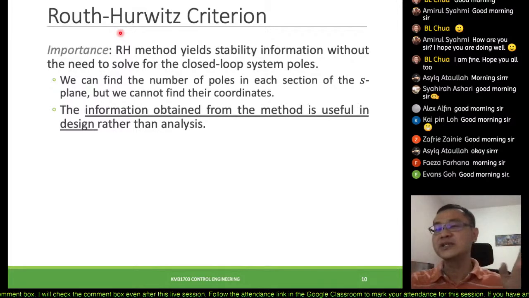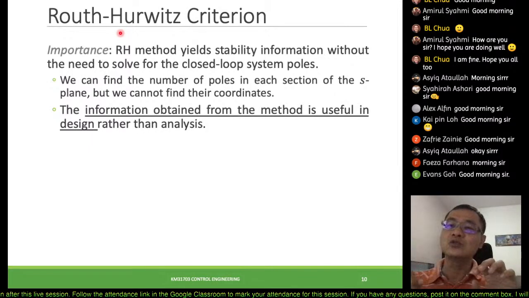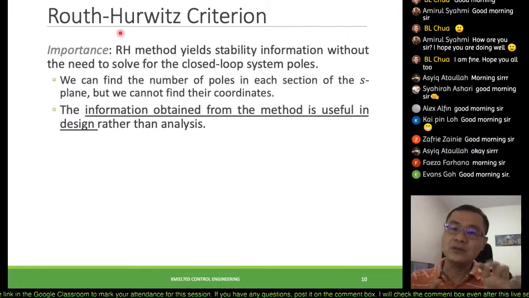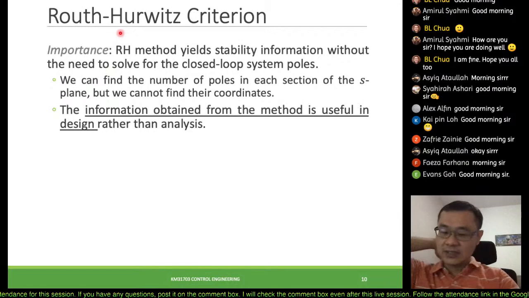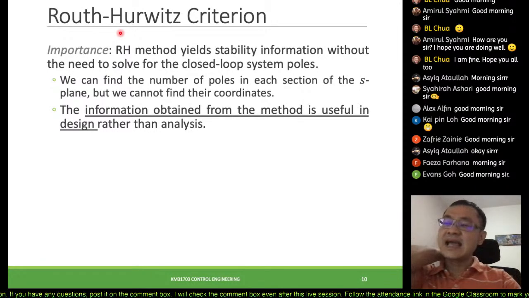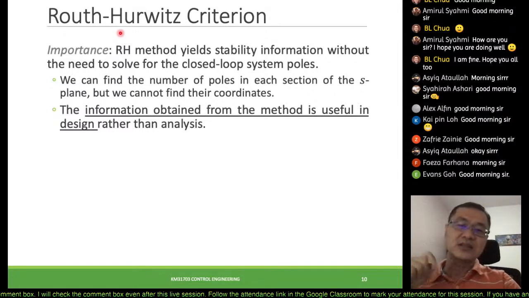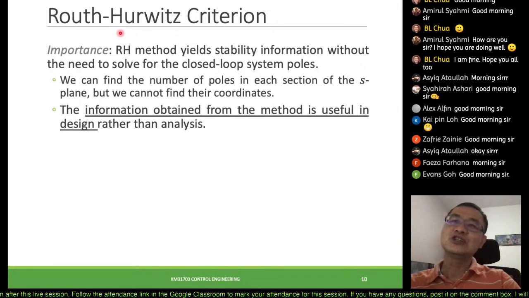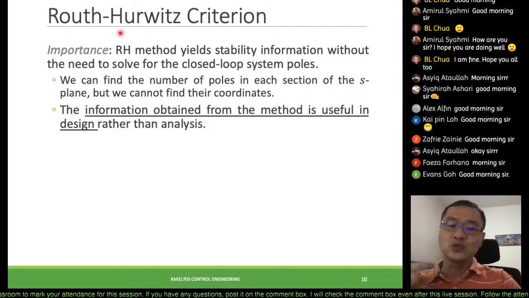These are the three main things we want to know, to identify whether the system is stable, marginally stable, or unstable, right? So we can use this information in the design. But if we want to do analysis, where we do all those calculations, then this method may not be good, because in analysis we want exact values to calculate.